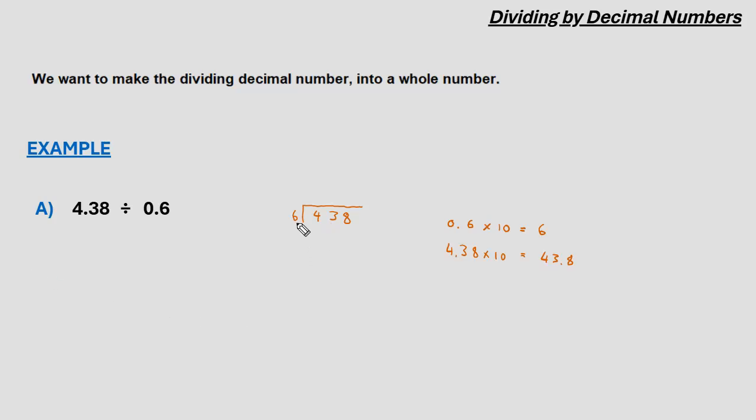We have 6 as a dividing number, and the decimal point moves to the right to give 43.8 below. And as usual with decimal numbers involved with division, we place a decimal point directly above the same place where we expect our answer.